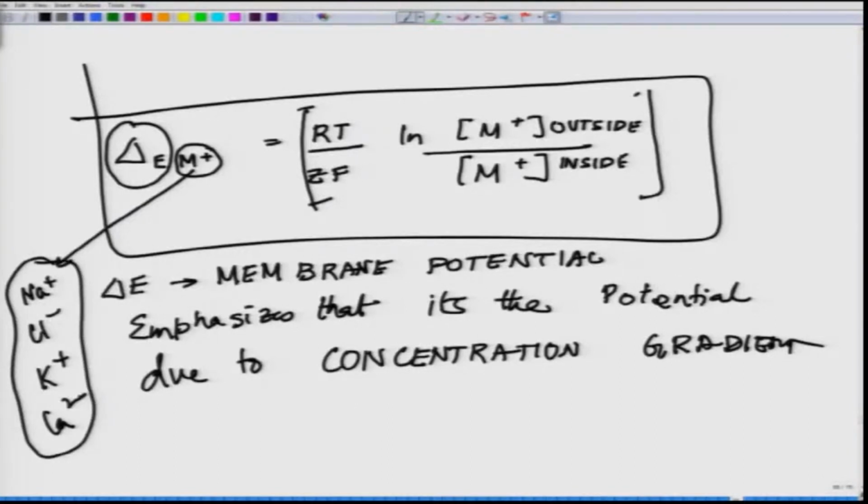Depending on the ion type, for any ion M plus, the membrane potential delta E M is given by RT upon ZF, natural log, which you can translate into log to the base 10, of M outside to M inside. The reason to put M outside to M inside is because now we are switching gear for a biological cell, where you have different concentration outside and inside the cell.